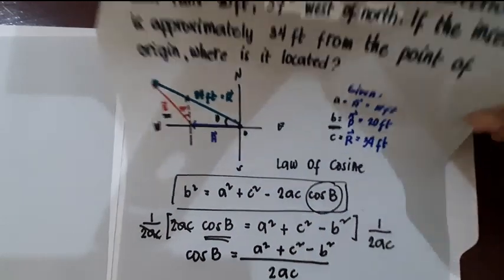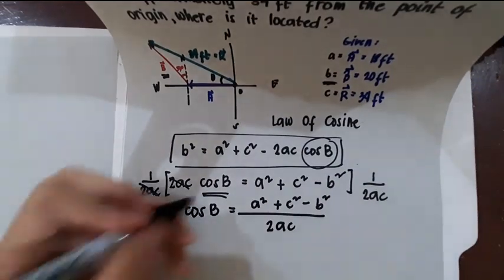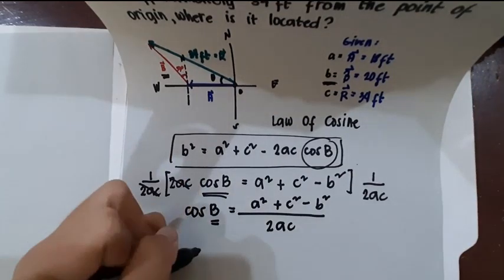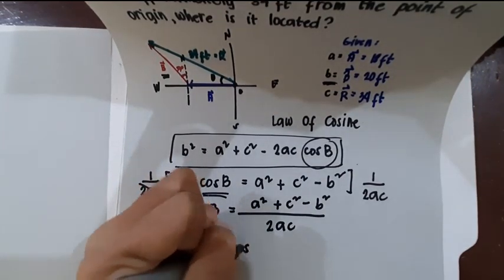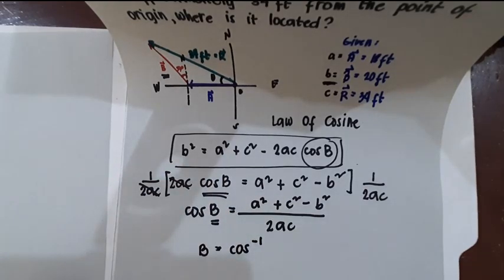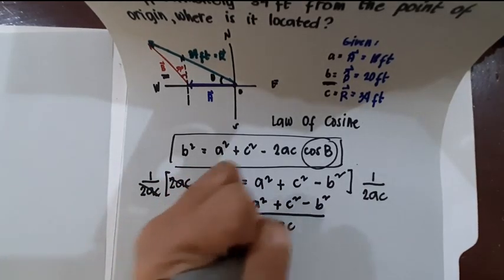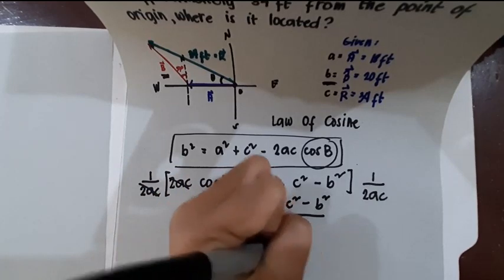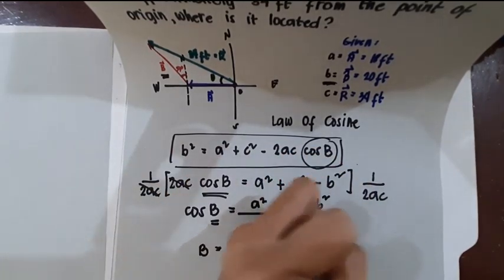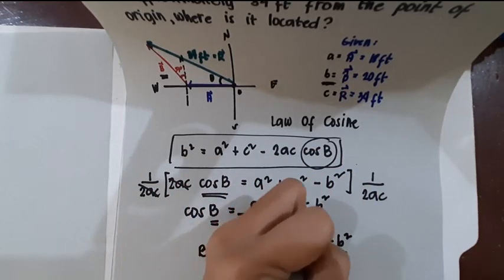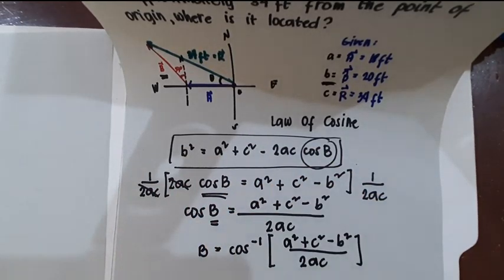Now, since we are looking for the angle B, we take the inverse of cosine. This becomes B equals cosine inverse of A squared plus C squared minus B squared over 2AC.